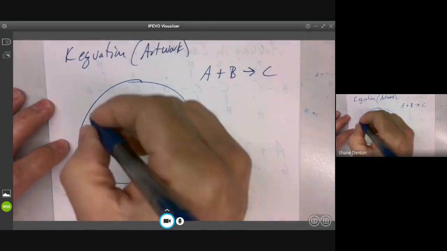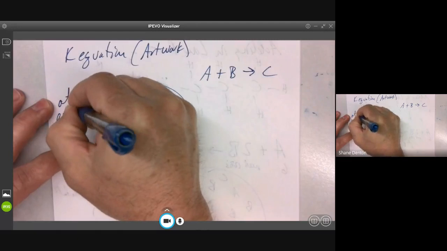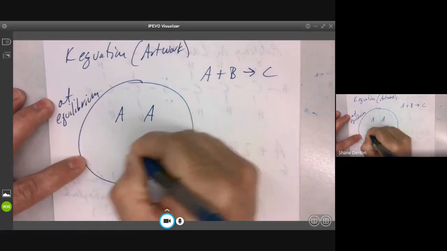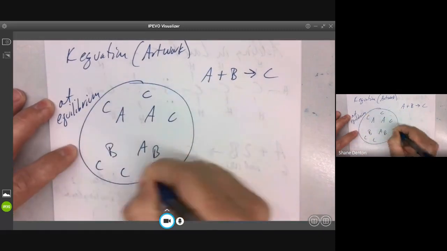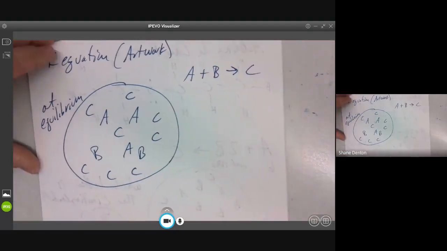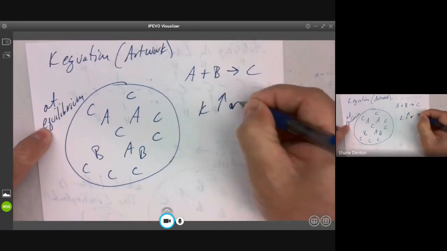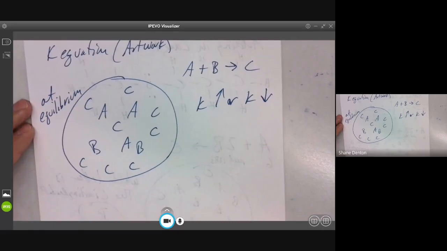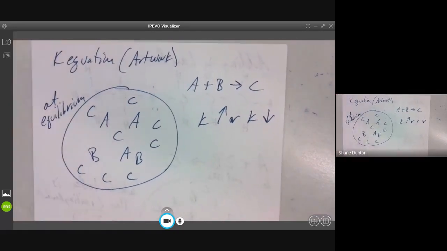And this is at equilibrium. At equilibrium, this is what I've got. Okay, and the question is, is K high or is K low? Anybody remember what the K equation looked like?